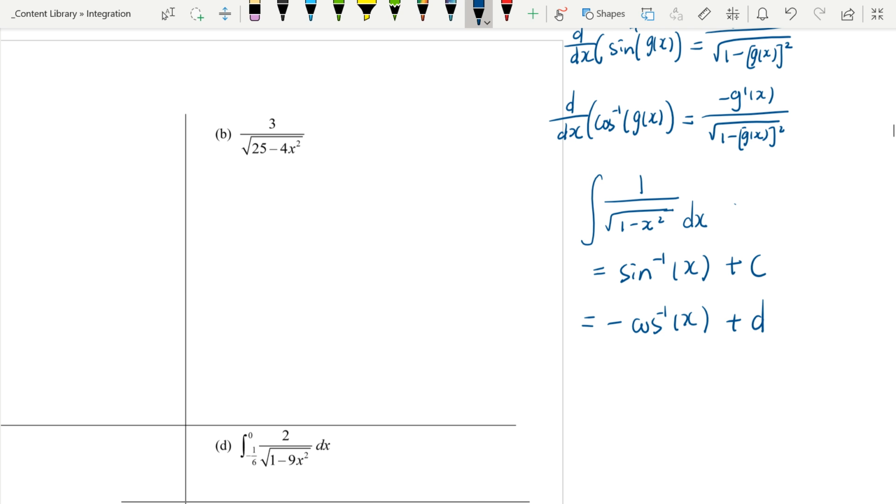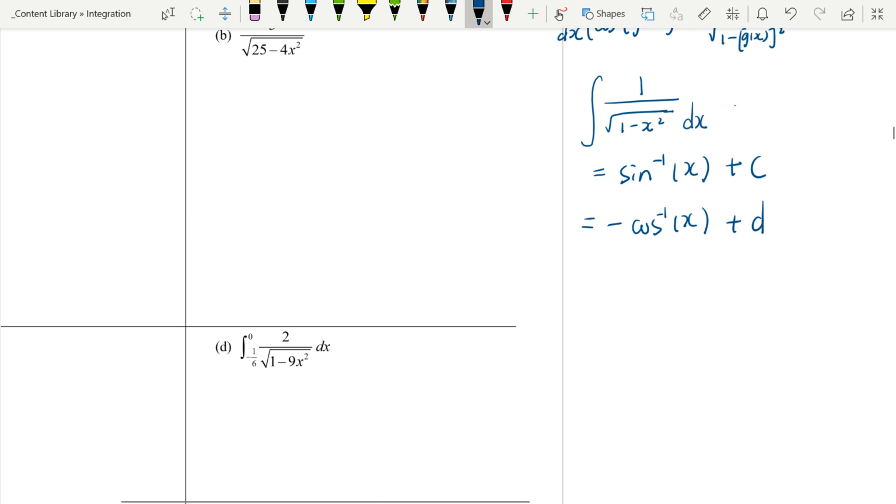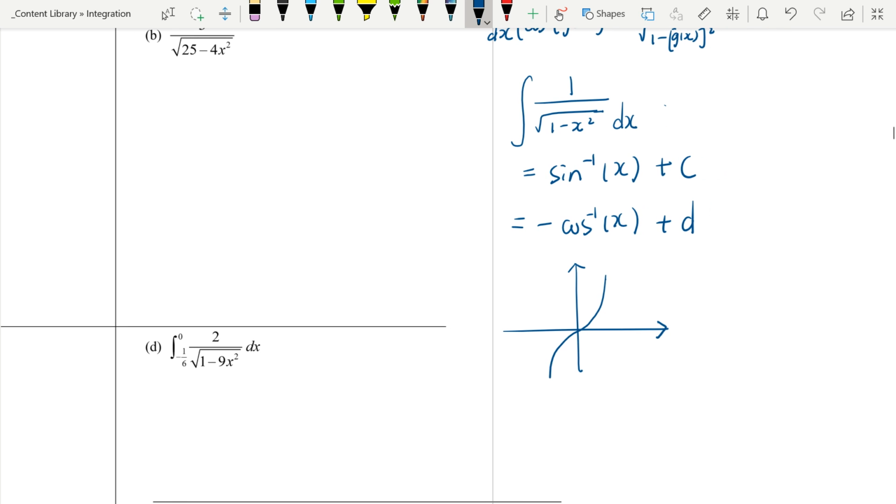Why can I have two different graphs? Let's think about what sine inverse x looks like. Sine inverse x looks like that. And negative cos inverse x: cos inverse x looks like this, and the negative of cos inverse x is here.